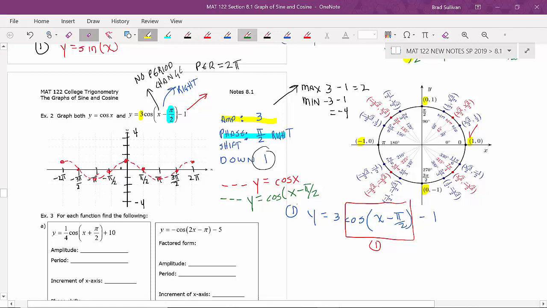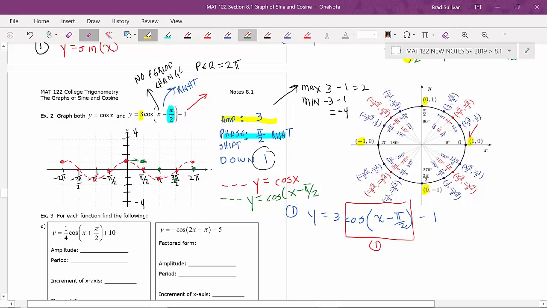So just move all of these points pi over 2 to the right. It doesn't matter where you start. If you want to start here and move this point, that point is going to move to there. Okay, this point is going to move there, and so forth. And then once you get a couple of points, then it's easy to get the rest of them. Okay, and then you can just start kind of predicting where they go.